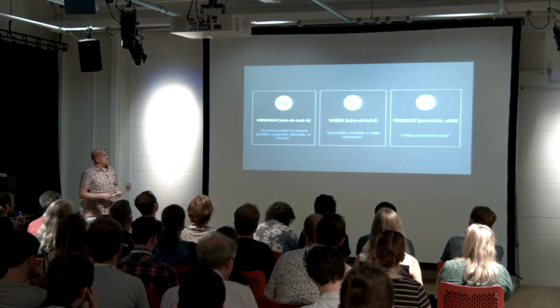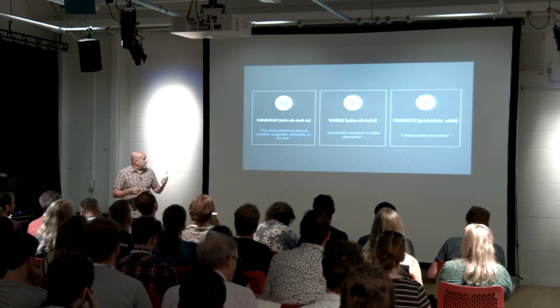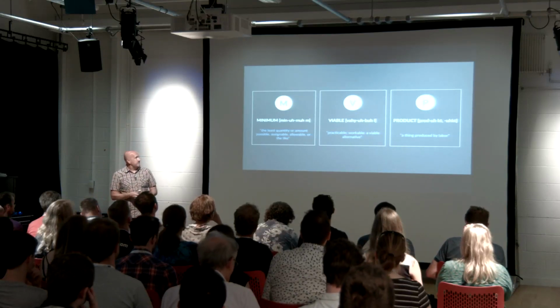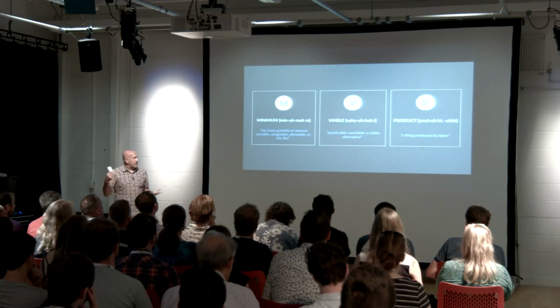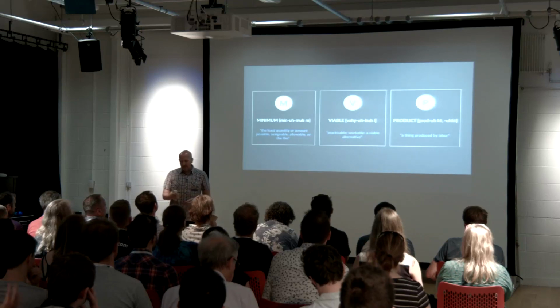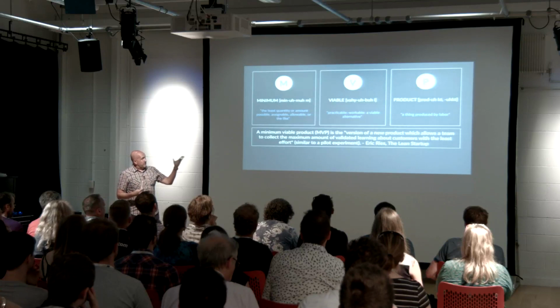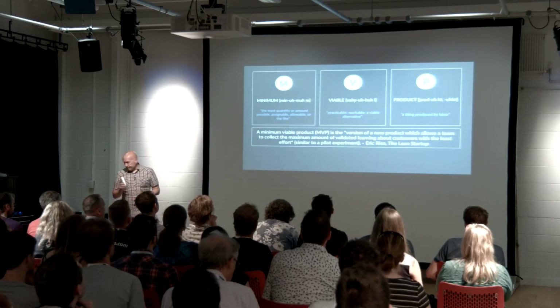So what are MVPs? If we look at the dictionary definition, minimum viable, i.e. workable, practical, and something that you produce by labour. Really, I think this is a better definition from the Lean Startup Handbook.